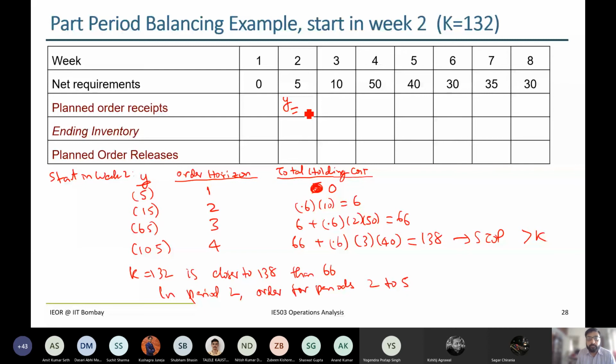If I do that, then I have inventory of 100 left over here. I'll have inventory of 90, inventory of 40, inventory of 0, and I'll do any production until this point in time. This is how we get the first set of numbers. Again, we have to restart now in week 6.